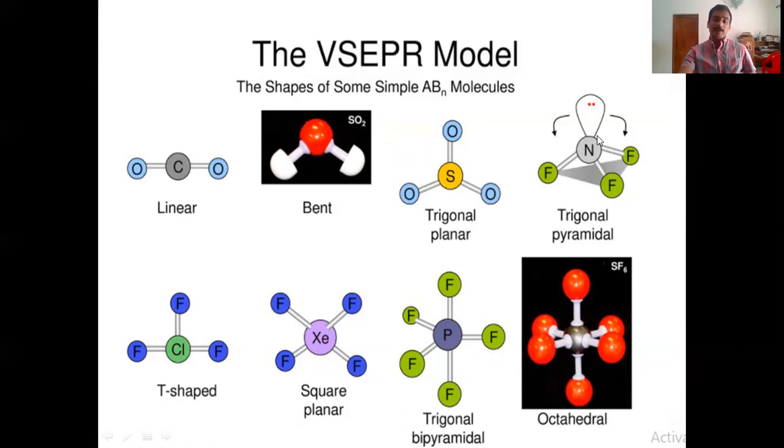T-shaped structure, ClF3. XeF4 has square planar structure. PF5, like PCl5, has trigonal bipyramidal structure. SF6 has octahedral structure. These are the molecular models. If you see these figures, you will get a little more idea about the shape of the molecules.